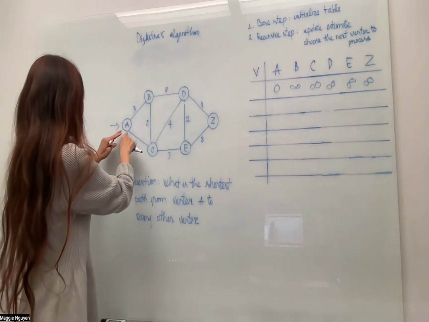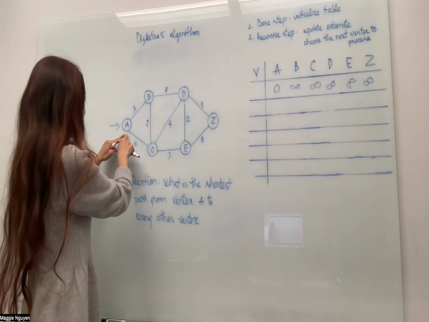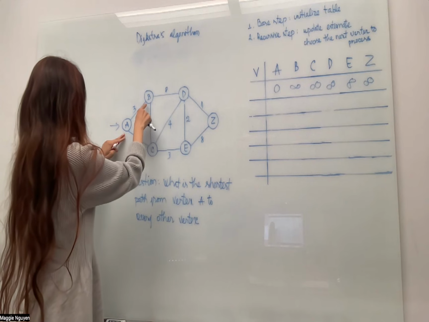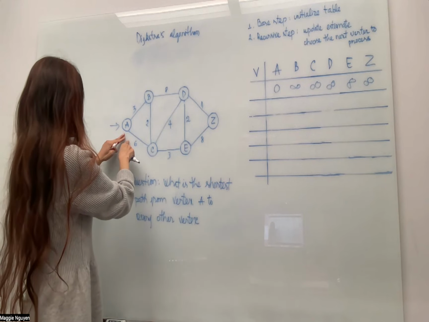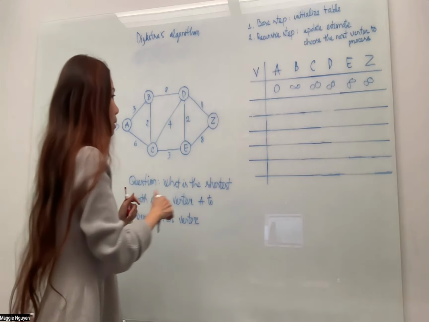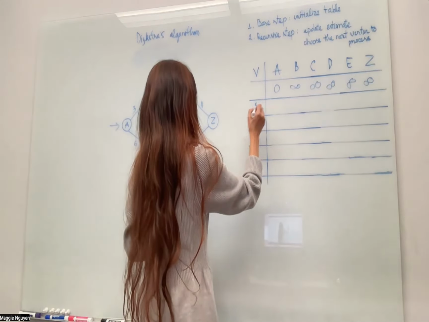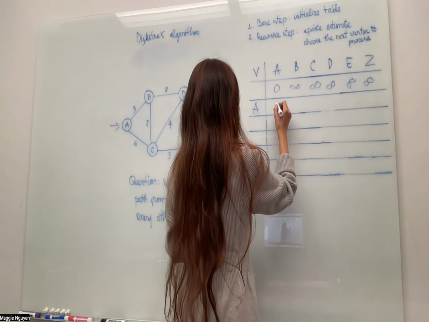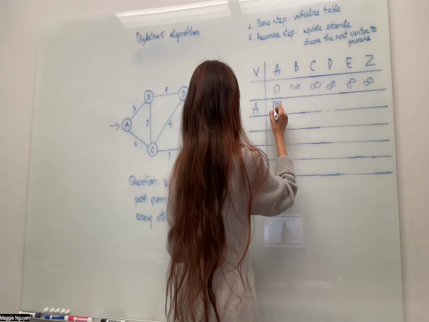So we start from A, we can go to B and we can go to C. A to B is 3 and A to C is 6. So this row we explore, A to A is 0, I copy down.